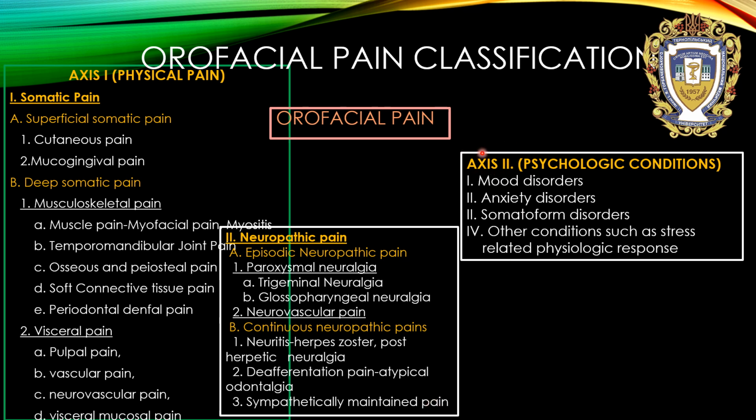And axis 2, psychological conditions. It can be mood disorders, anxiety disorders, somatoform disorders, and other conditions such as stress-related psychological response.